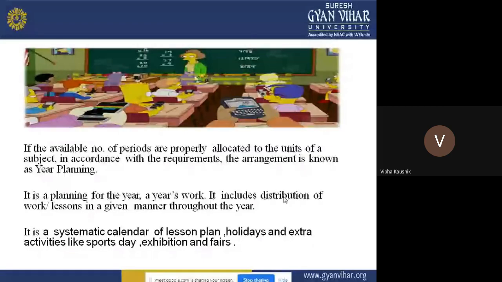Now, if you have decided on sports day in November, then for how many days will that sports day be organized? Time for how many days? Fairs, on which date will they be organized? Everything is mentioned clearly in a unit yearly plan.